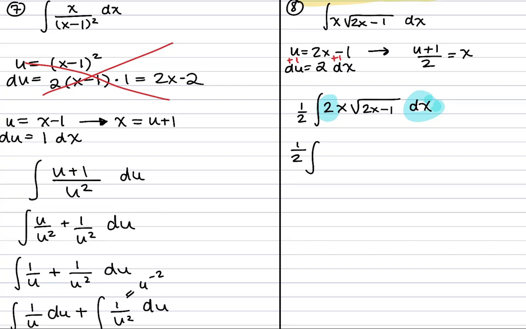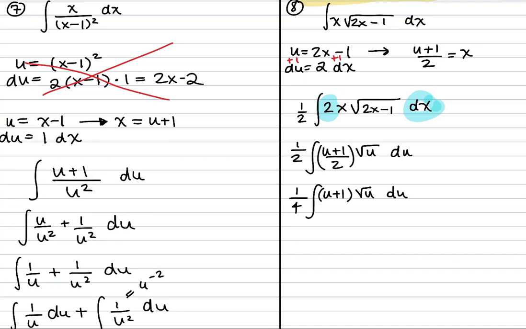So rewriting this, we have (u plus 1) over 2 and root u du. Okay, so I'm going to pull that constant of a half out, which gives us a quarter. And then I have u plus 1, multiplied by the square root of u.